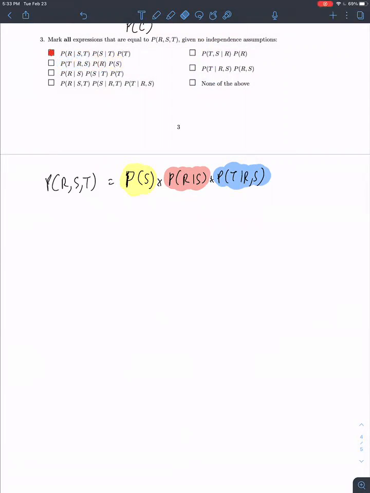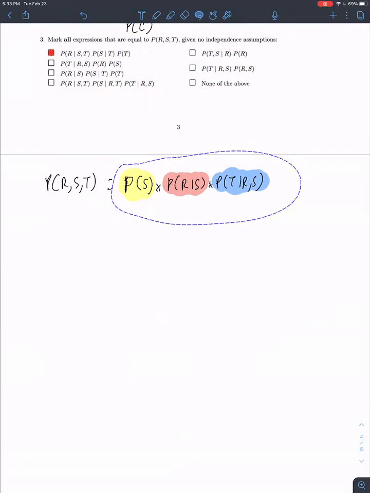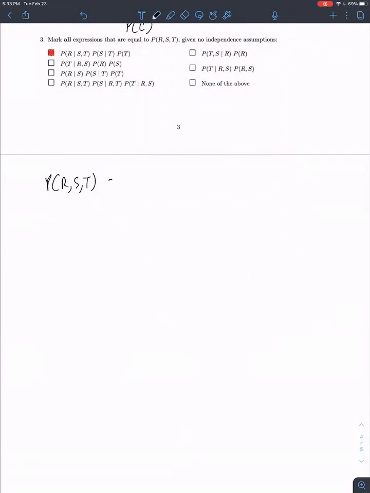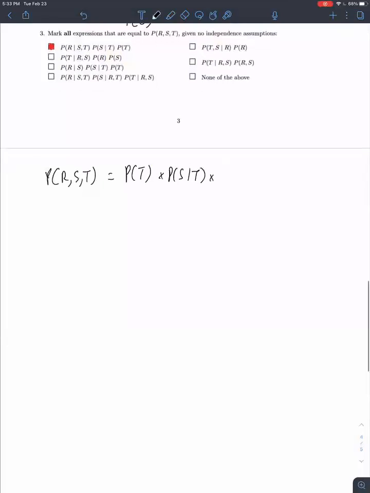Next one. Delete this, but return the equal sign. So here we're breaking out into probability of T times probability of S given T. And then for it to be equal to probability of R and S and T, I guess we'd have probability of R given S and T. And now we can see that there's exactly one term different, right?